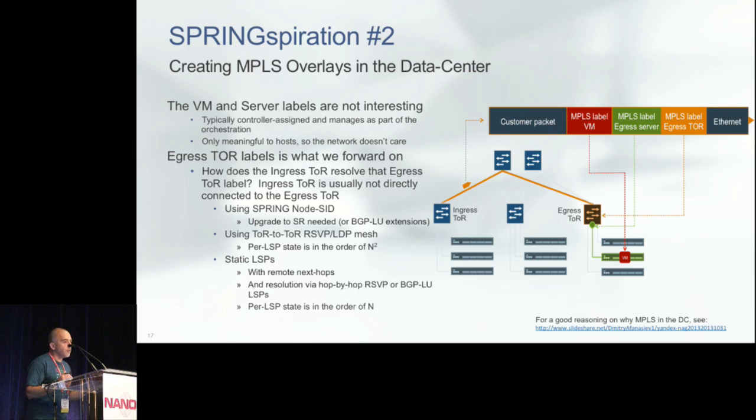You will achieve reachability. You will not achieve predictable label values because they're going to be dependent on what RSVP assigned for you. Which brings us to the third approach, which is let's use static LSPs with some pixie dust to achieve this label forwarding, yet have very predictable label values for the destination.